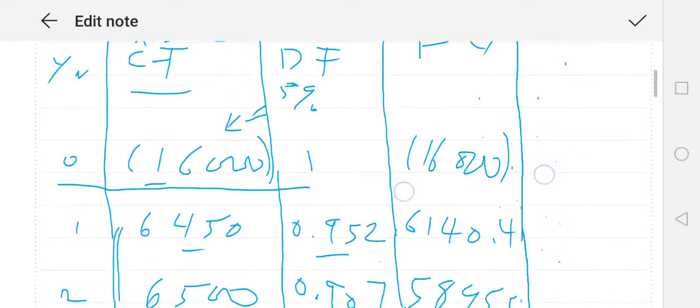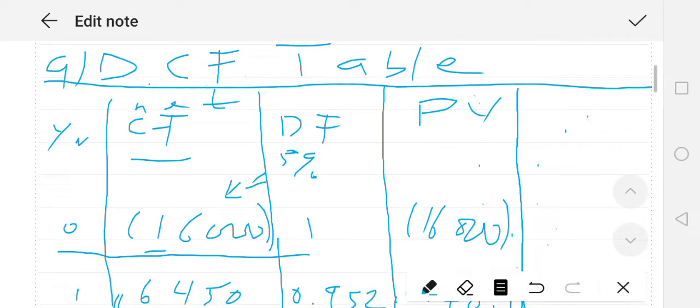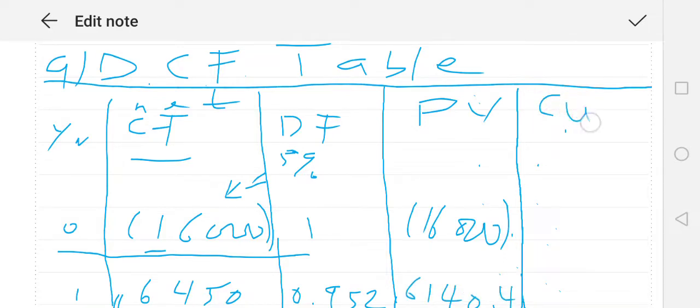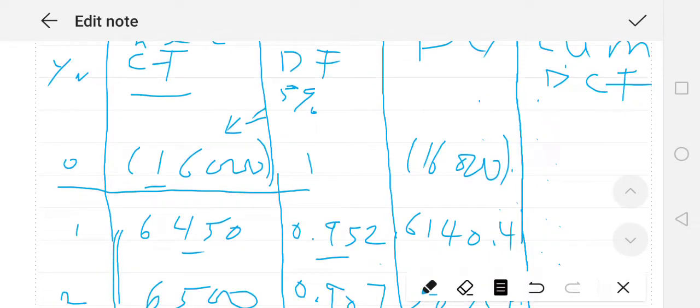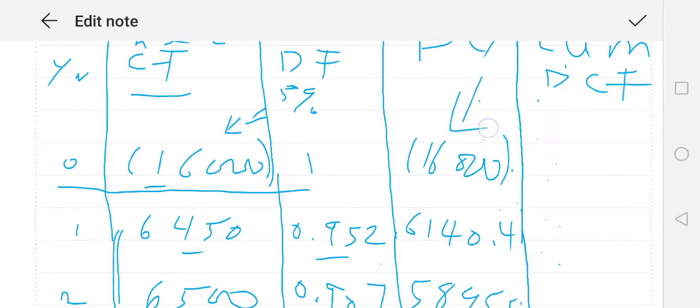So we go to the next column, which is cumulative discounted cash flow. The same cash flows we discounted under the present value, we cumulate them. We add them from year 1, we add year 2's one to year 1, year 3's one to year 2.